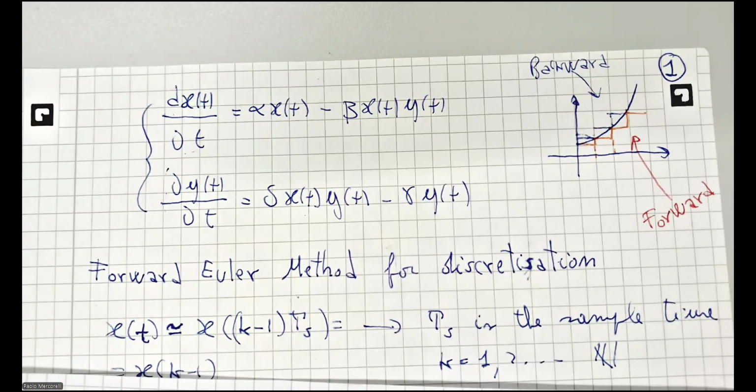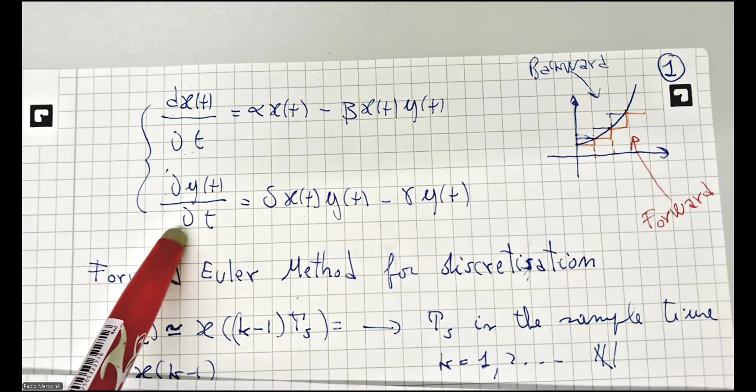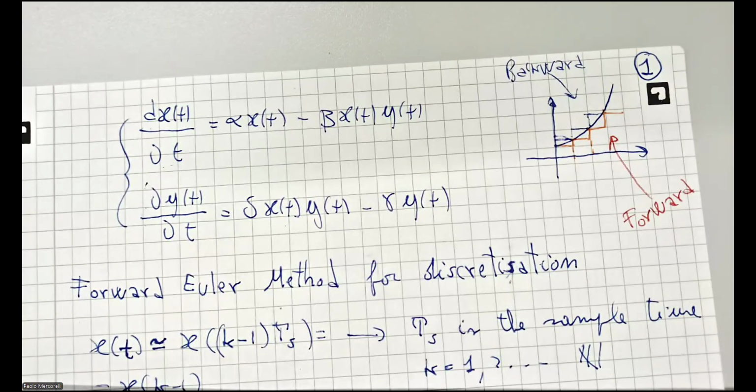Why does Y represent, or model, the predators? Look at this. If I don't have prey, in the dynamics of the predators, please pay attention, what I'm saying is not exactly precise, because I cannot separate the dynamics.